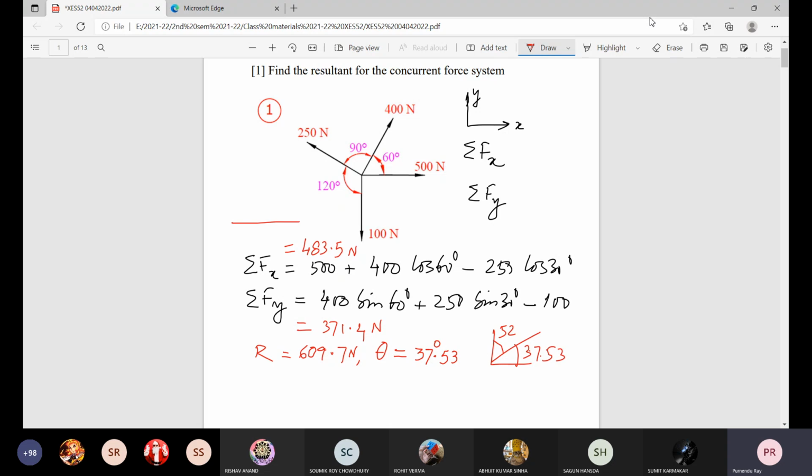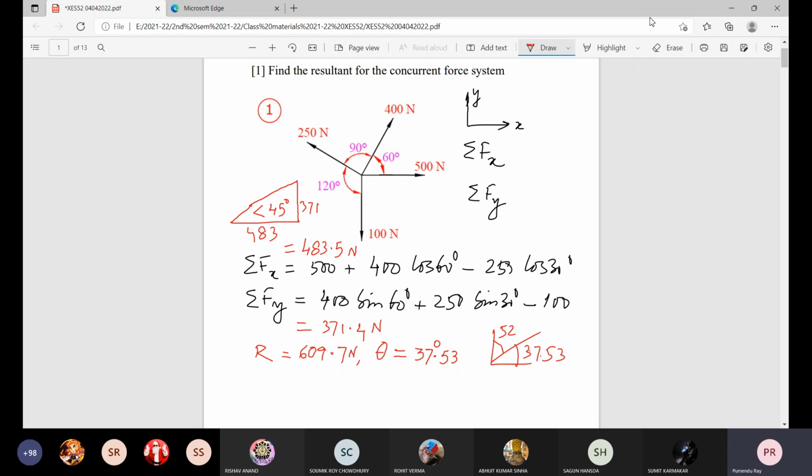Now one thing. If it is sigma Fx and sigma Fy, which is the smaller value? This is 371, and this is 483. So definitely this angle is less than 45 degrees. Methodically we do all these things, but the other thing is our common sense.